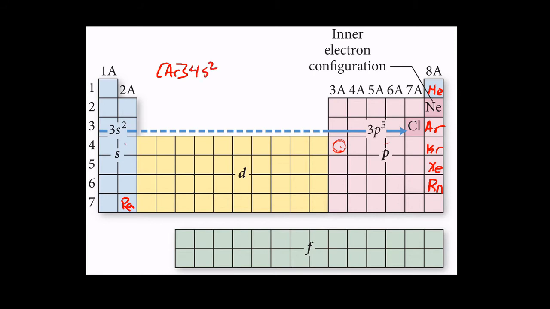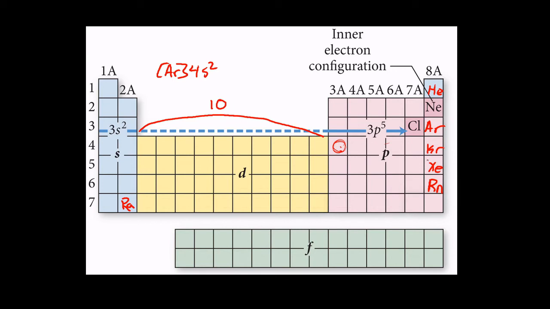It will have both of those because this is how the periodic table is split up. If you notice here, this block is the s block. It's 2 elements wide because you can fit 2 electrons into the s subshell. The d block is 10 elements wide because you can fit 10 electrons into a d subshell.